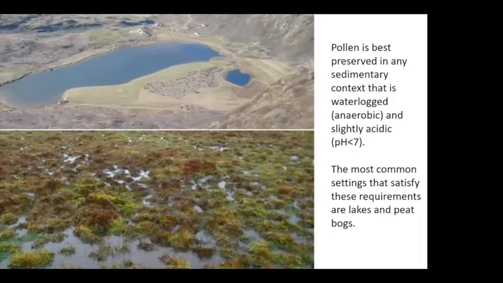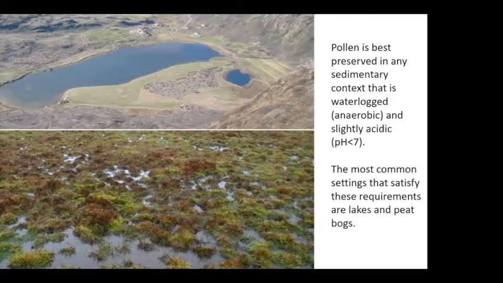So talking about preservation of pollen grains, there are two sedimentary contexts, or places where sediment collects and builds up over time, that are really key for pollen analysts in terms of selecting sites for these types of studies.